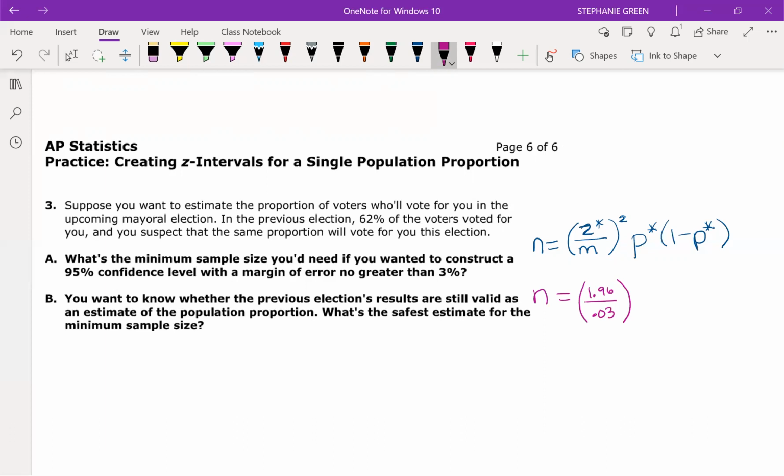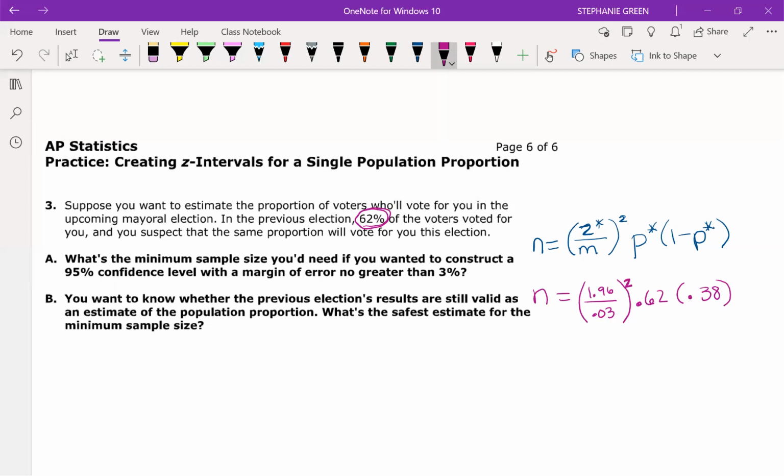P star is what we think our proportion will be. It's our guess, which in this case, we're guessing that the proportion will be the same as it was in the last election, 0.62. And 1 minus 0.62 is 0.38. Don't drop your square there.